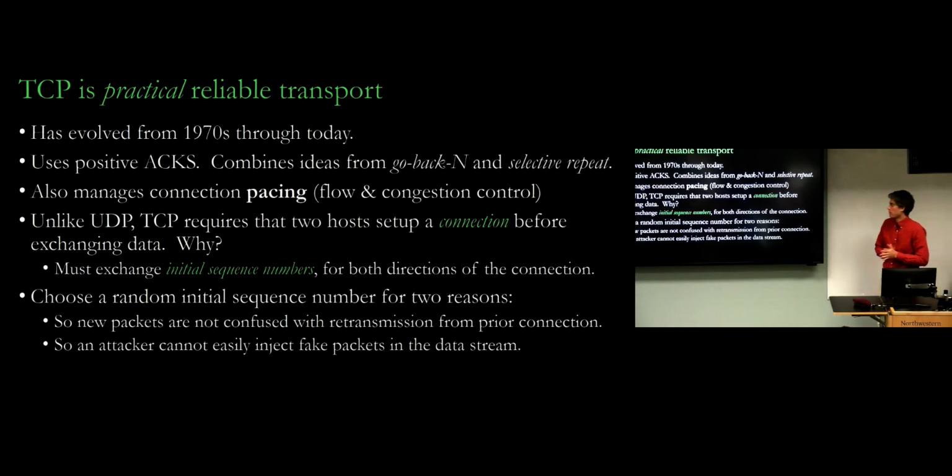Okay? So it protects against old packets being confused for packets in the new stream, and also makes it harder for attackers to inject fake packets into your data stream, because they have to have observed other packets to know what range of sequence numbers you're using. Okay, although it's not really a strong security mechanism, it's just a very weak type of security mechanism.